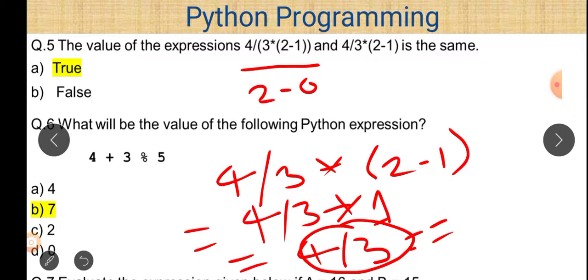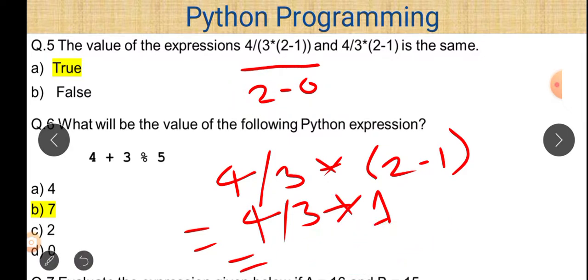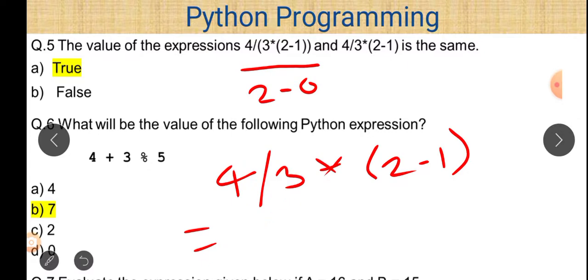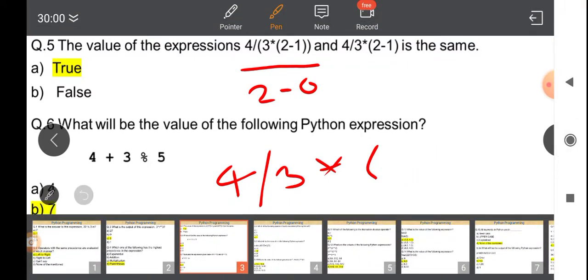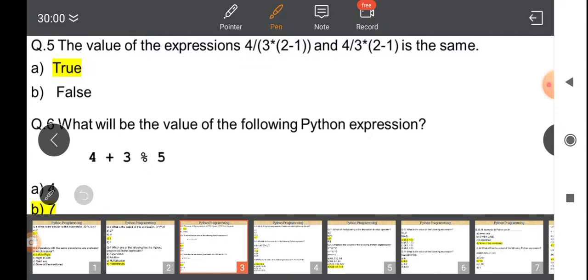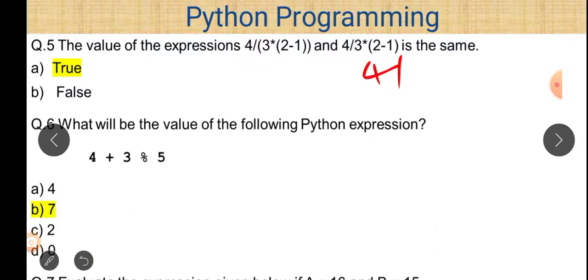That is our answer, and it is always in the form of a float value. So I think there is a mistake in this part. Let us solve this part again. Here the answer is 4 divided by 3. That is a float value, something like 1.33.